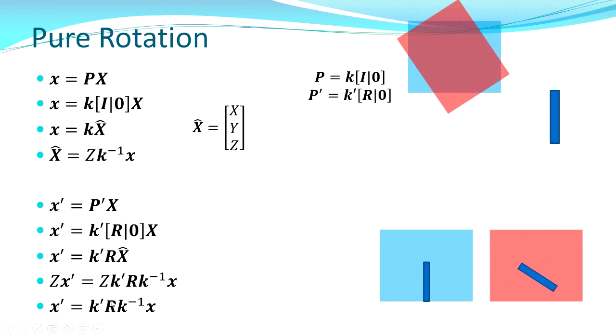This is a 3 cross 3 rotation matrix, and this is again a 3 cross 3 matrix. So if you just multiply all these, you'll get some 3 cross 3 matrix, which can be referred to as a homography matrix. So when you have just pure rotation, the relation between the two corresponding points is nothing but a pure homography transform.